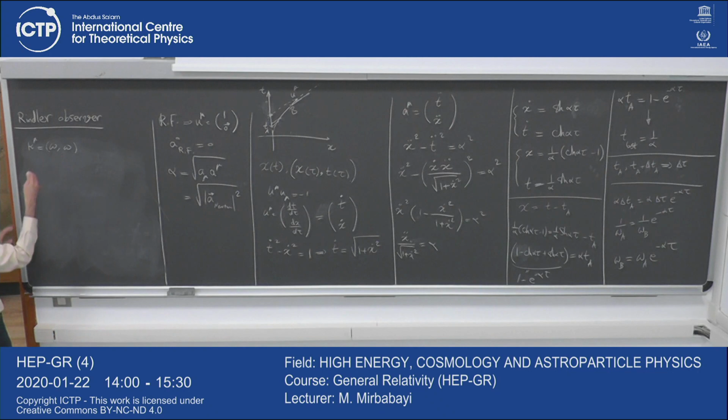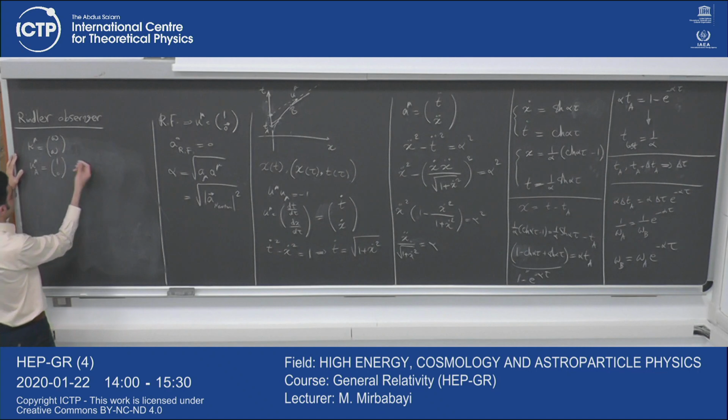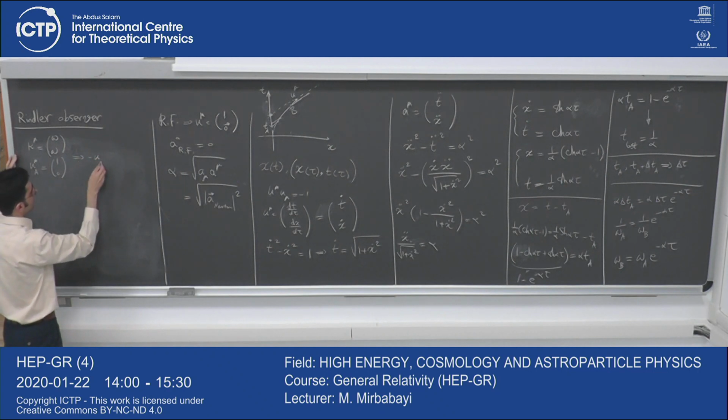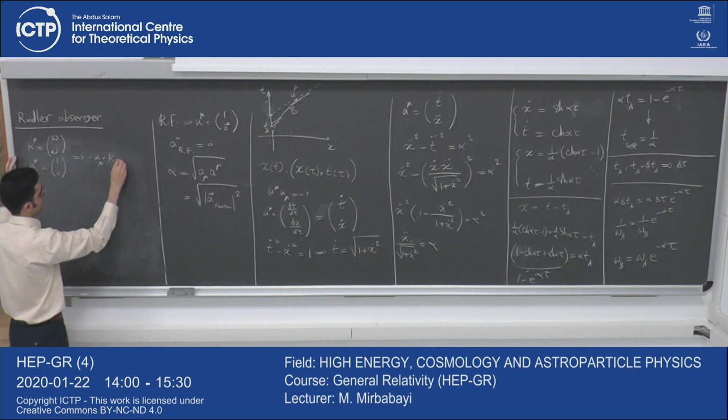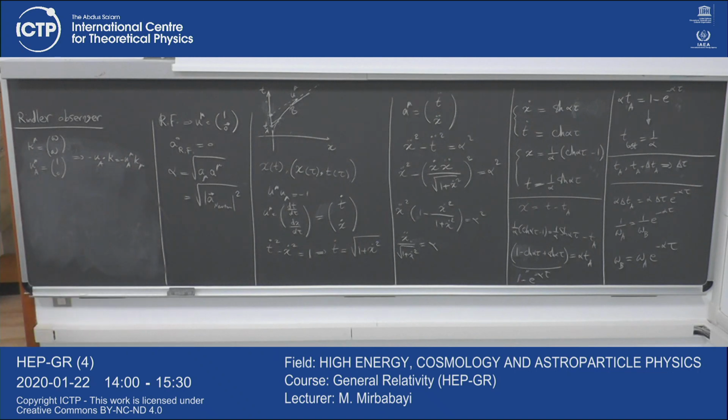So in this frame, the forward velocity of Alice is just (1, 0). Maybe I should write this also as a column. And then the frequency of the photon in this frame, which is the same thing as the frequency of the photon measured by Alice, is nothing but minus U_A dot k, which is minus U_A^mu k_mu.